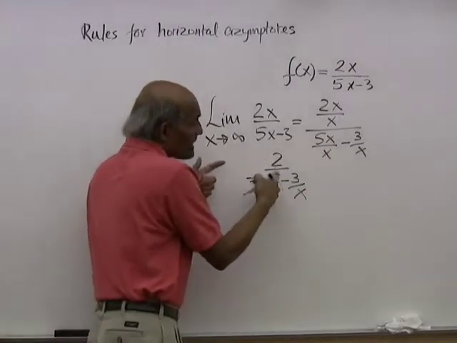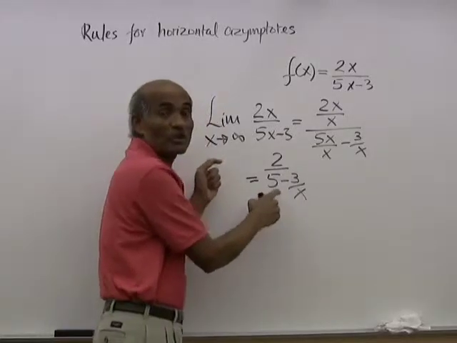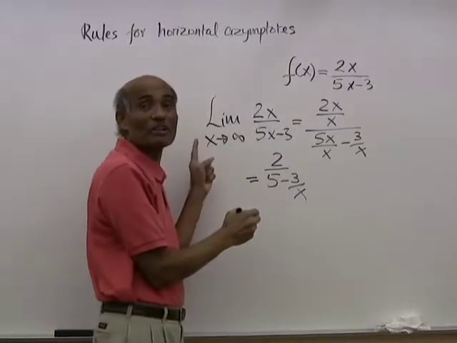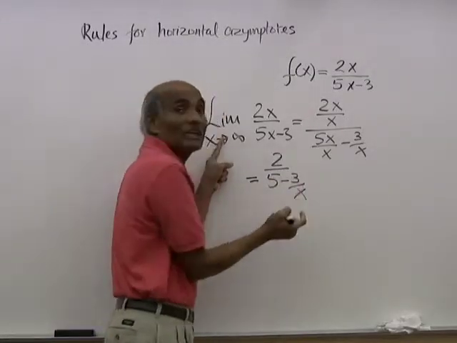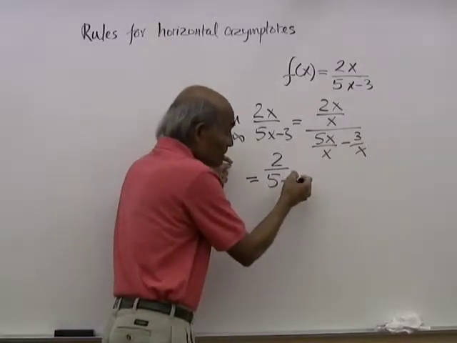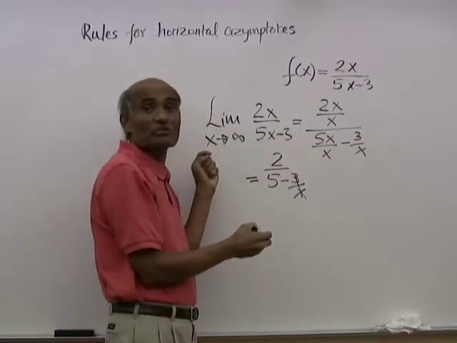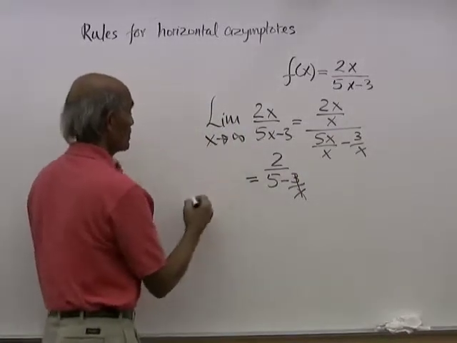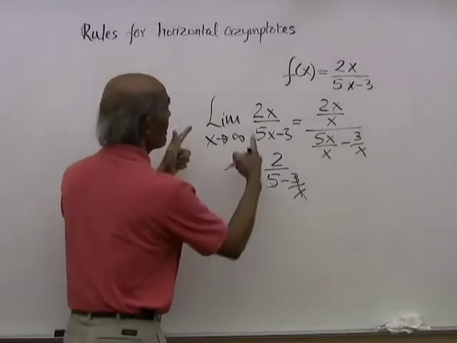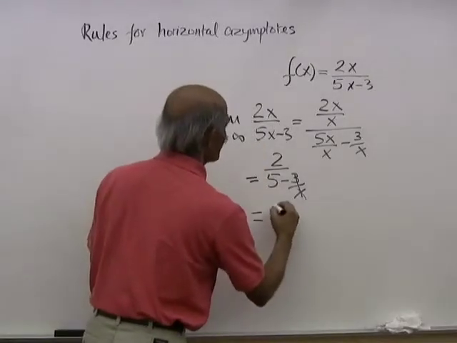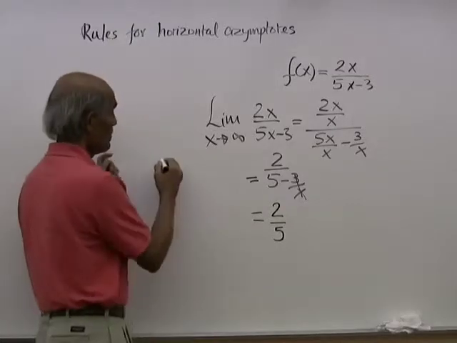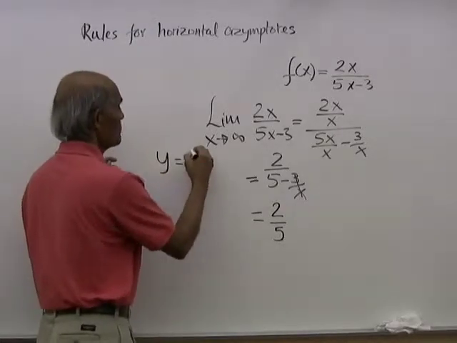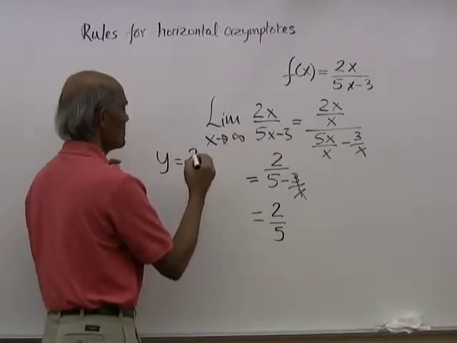Now, what is the limit of this quantity when x goes to infinity? When x goes to infinity, 3 over x is 0. Therefore, the limiting value of this will be 2 over 5, or the horizontal asymptote will be y equal to 2 over 5.